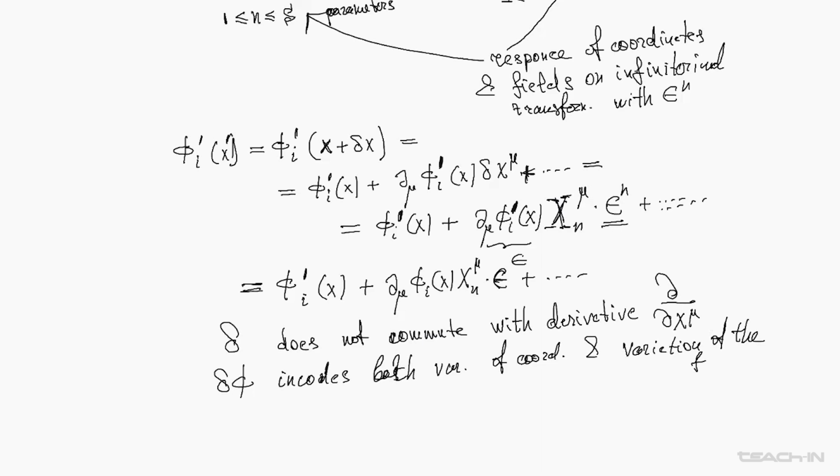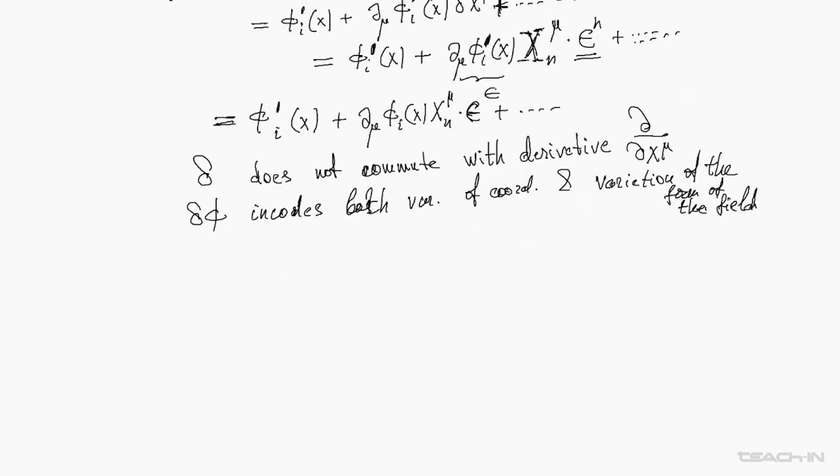In order to distinguish the variation of the form from the general variation, which also involves variation of the coordinates, we introduce the variation of the form of the field, which I denote by delta with a bar. By definition, this is phi I prime of x minus phi I of x.